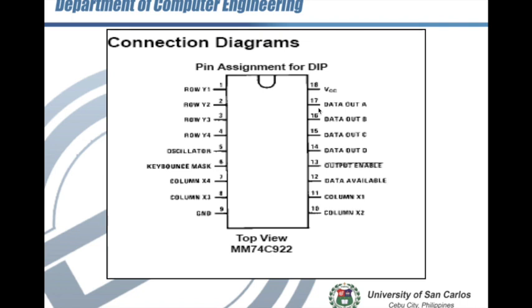So you cannot use more than 16 keys. You have to find another IC for that. Now the output enable enables the output of the 4-bit address of the keys, and the data available is the pin that returns logic 1 when any key is pressed. Once the key is released, so nobody is pressing the key, it returns to logic 0.